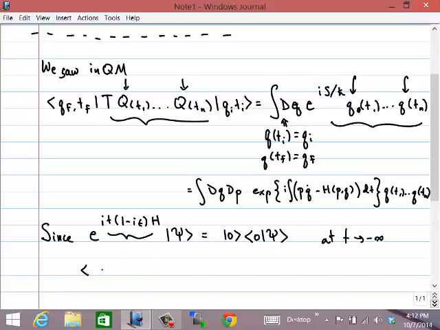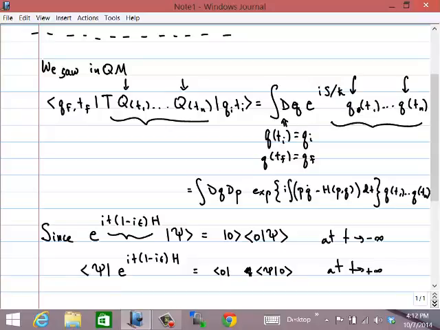Likewise, if you were to take this time evolution operator modified by the insertion of 1 minus i epsilon and act on a bra vector rather than a ket vector, you would also just get the vacuum state now at t goes to plus infinity.